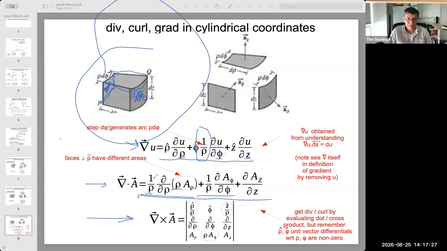So that's that extra factor there. That's a real complication for this face that points towards the origin, this face that's away from the origin. This term here with phi is a little more complicated than in rectangular coordinates. It's got this 1/rho, but that has the same explanation as this 1/rho up here.